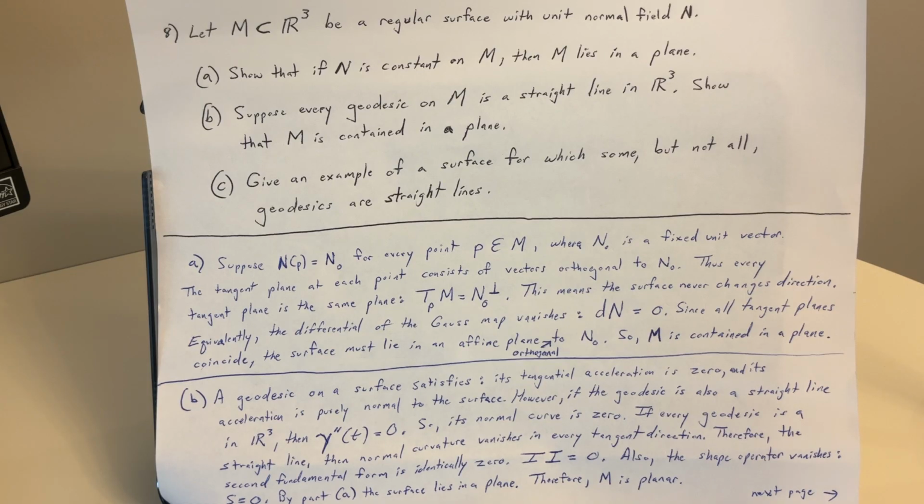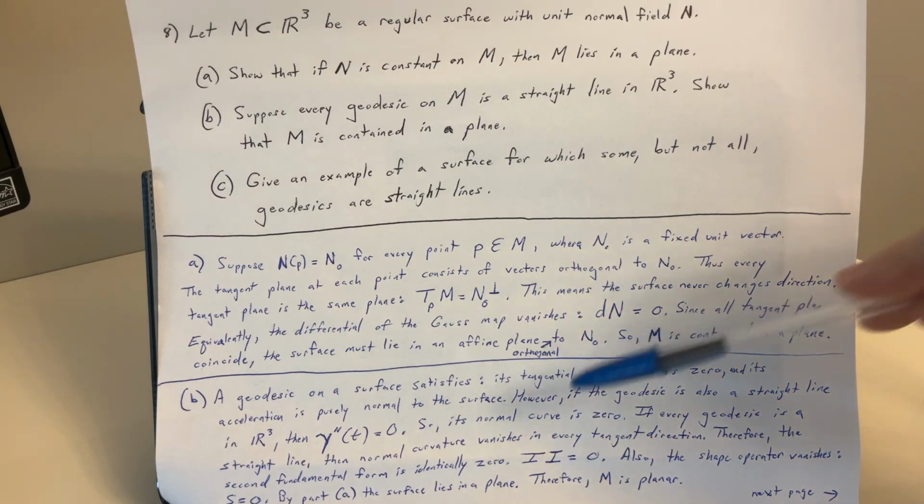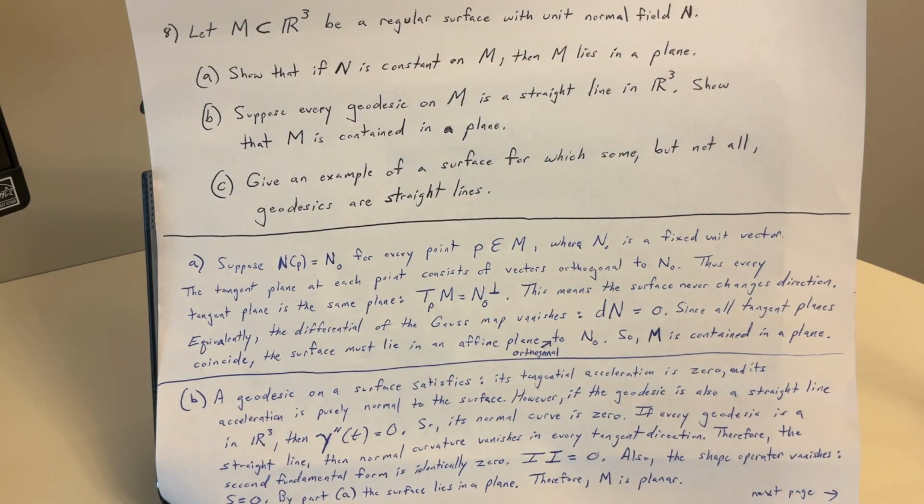Letter B, suppose every geodesic on M is a straight line in R3. Show that M is contained in a plane. A geodesic on a surface has zero tangential acceleration, and its acceleration is purely normal to the surface. However, if the geodesic is also a straight line in R3, then gamma double prime of t equals 0.